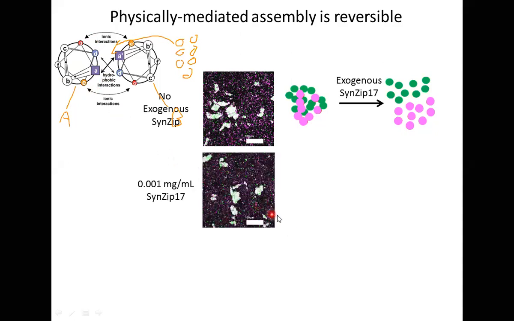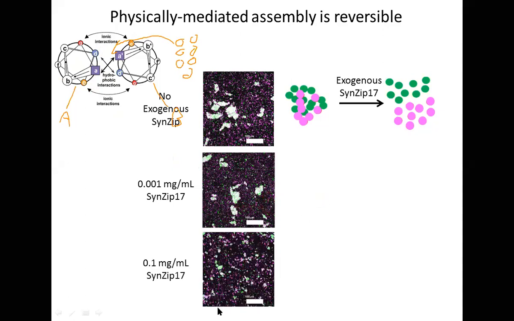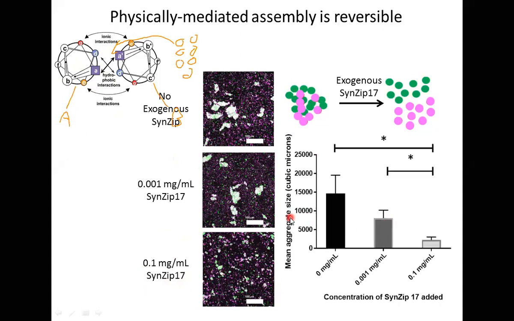You add a little bit, aggregates look a little bit smaller, but you can pretty much blow these apart if you add enough exogenous syn-zip 17 of this leucine zipper. And then we can show this here, that if you go from a mean aggregate size, you can control this again about threefold or so.